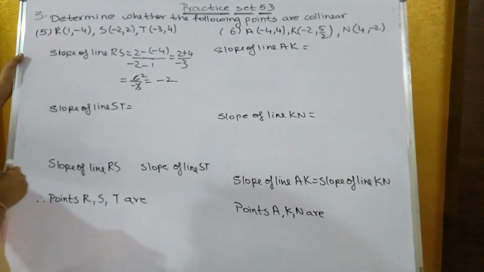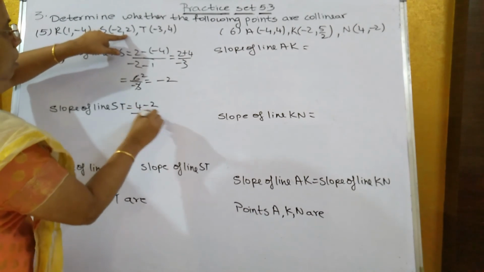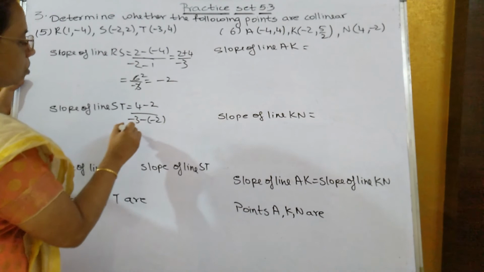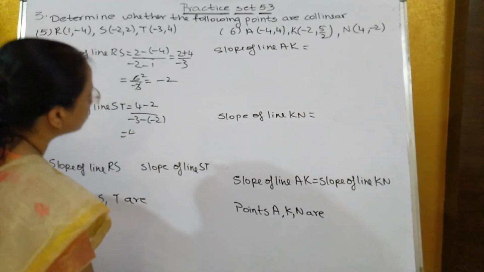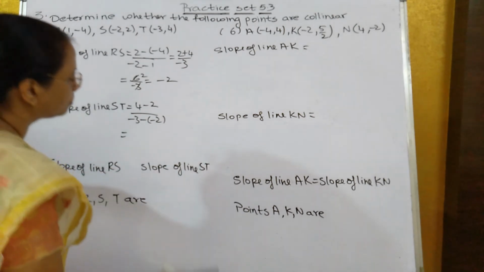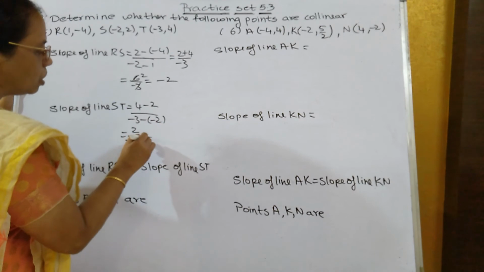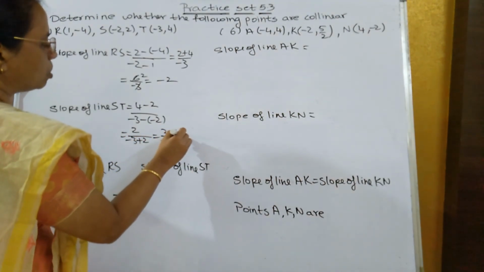Now slope of line ST, 4 minus 2 upon minus 3 minus into minus 2, so that is equal to 4 minus 2, which is 2, upon minus 3 plus 2, that's equal to 2 upon minus 1, so that's equal to minus 2.